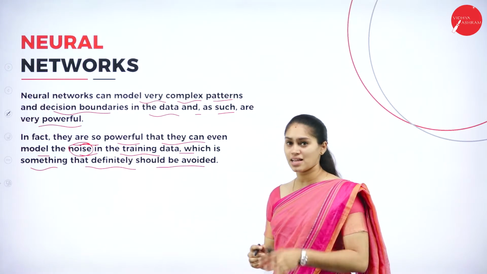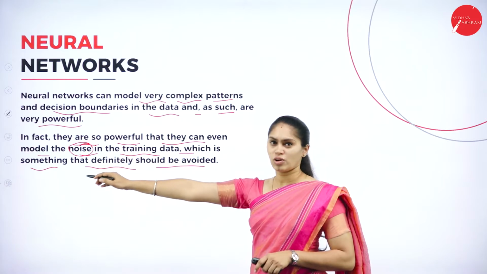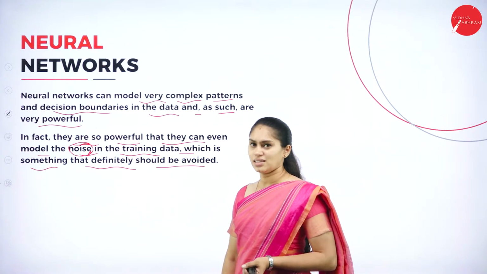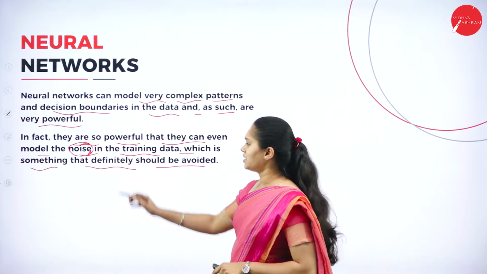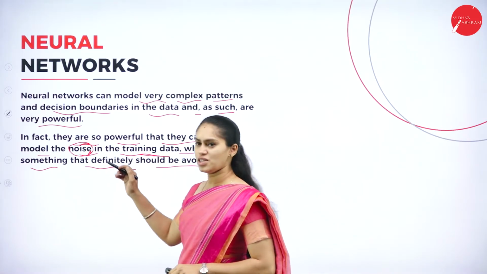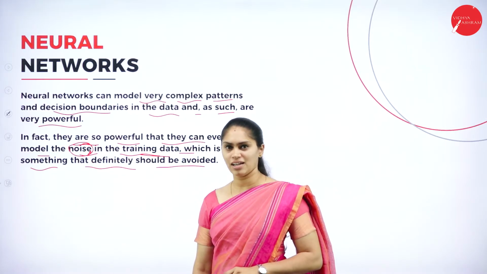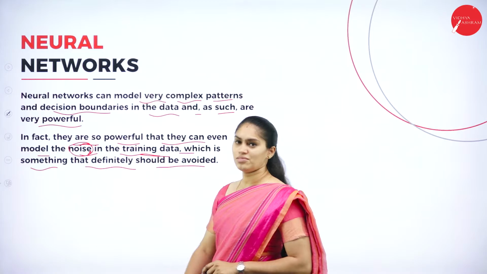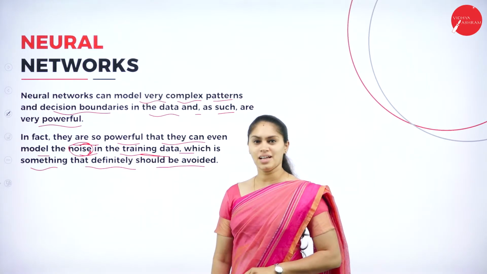That means it has the ability to deal with noisy data, which can be anything. Noise needs to be avoided in the training data, but the neural network has the ability to deal with it. This is regarding neural networks.